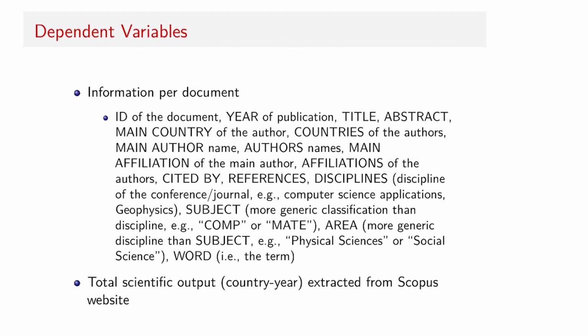So, all the different internal information about the documents that Scopus uses to build, for instance, all the metrics regarding the influence or impact that each paper or each author has.